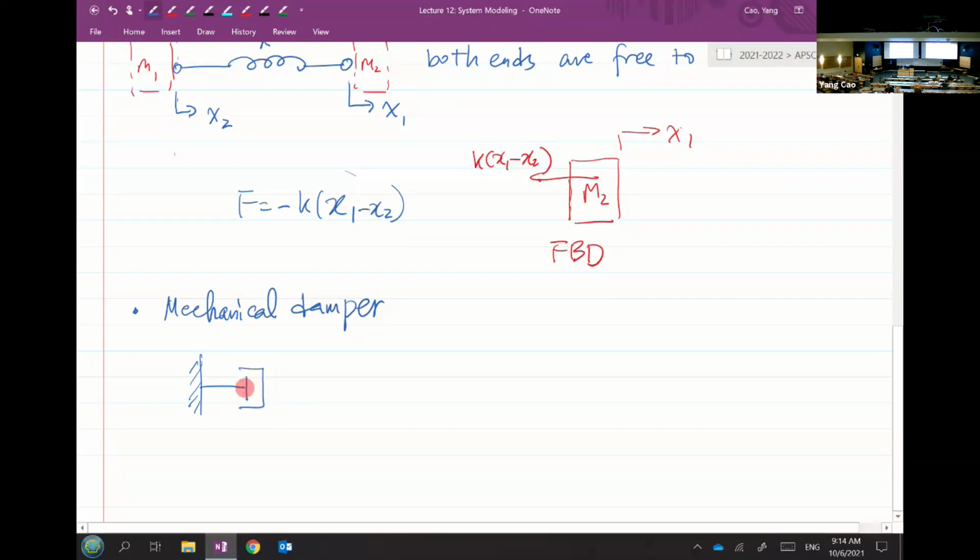So it's allowed to move. And in the damper typically there's some viscous fluid, serving as the damping material. So you can use this symbol and use the B here to represent the so-called damping constant.